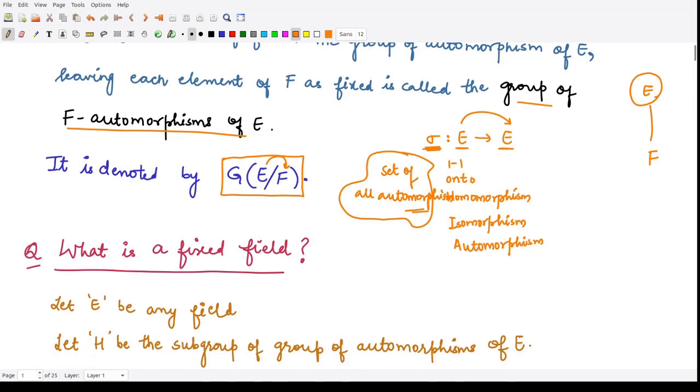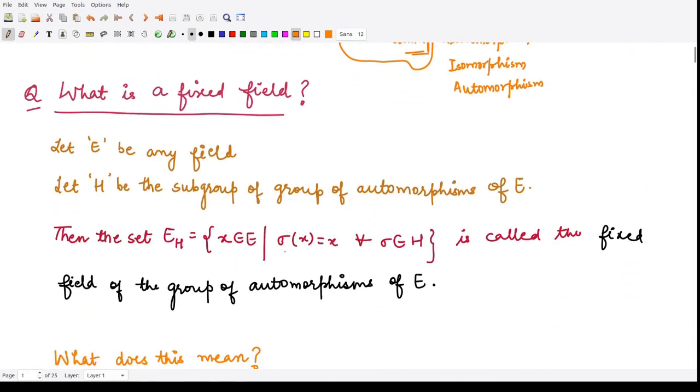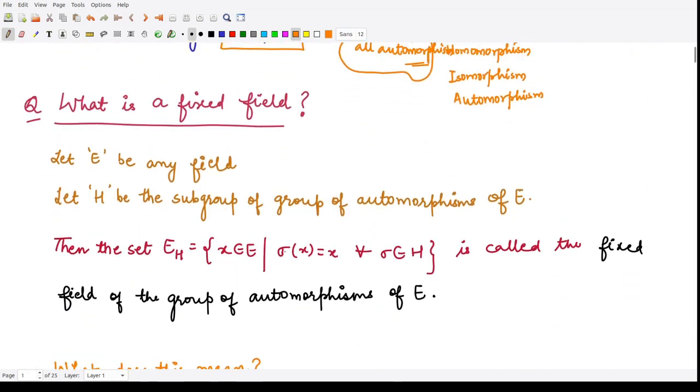Next, let us define fixed field. What is a fixed field? Suppose E is any field and H is a subgroup of the group of automorphisms of E. Then corresponding to this subgroup, we define a field E_H.